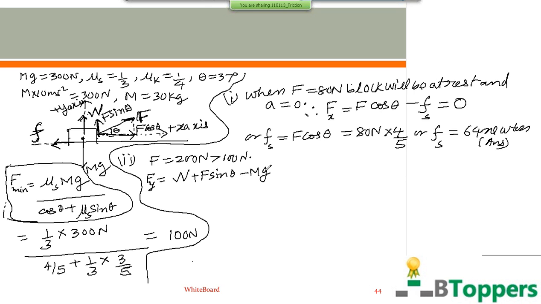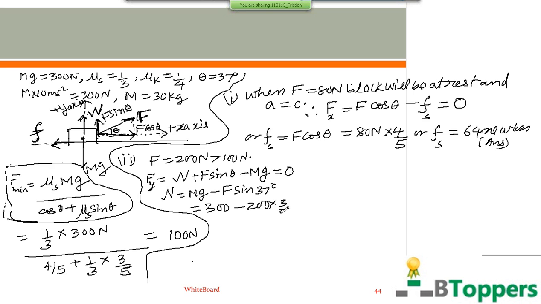But the block has no motion in the vertical direction. Therefore, the y component of the resultant force on the block will be 0. There is no acceleration in the vertical direction. So the magnitude of the normal reaction on the block will be equal to mg minus F sin theta. Here theta is 37 degrees. The weight mg of the block is given to be 300 newtons. The magnitude of the pulling force applied on the block is 200 newtons.